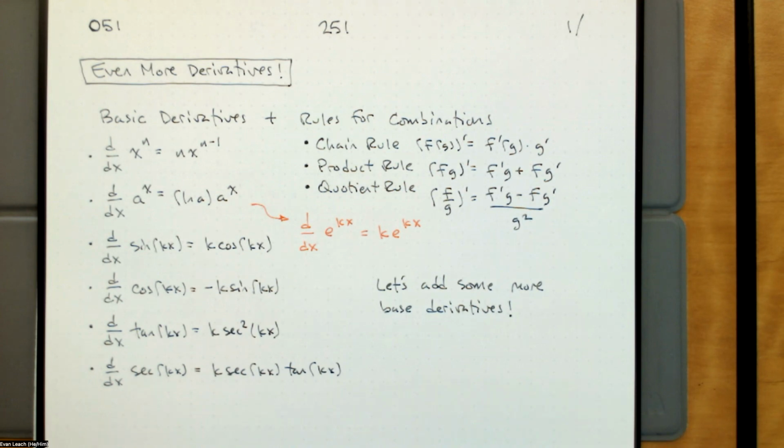So let's add some more base derivatives. What we want to notice, not only the rule that we need to know, the derivative of A is B, but we want to think about what happens when we look at those derivatives. So the derivative of a polynomial drops down 1 degree. That's an important thing to note. More than just nx to the n minus 1, the derivative of polynomials drop down 1 degree.